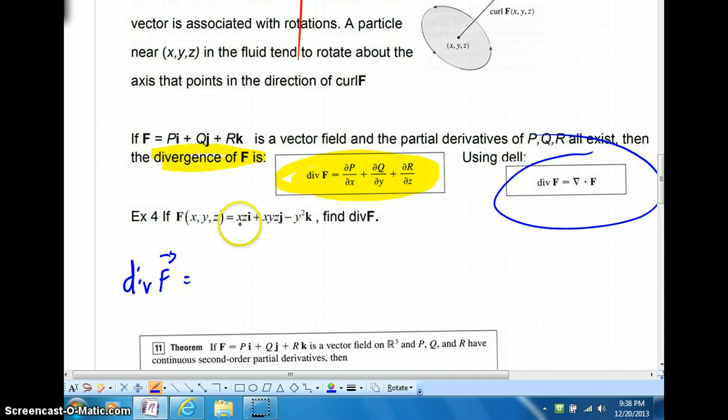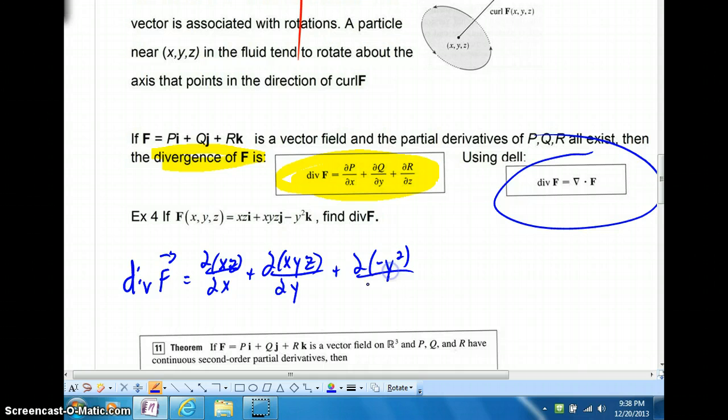We could take our partial derivative of xz with respect to x plus our partial derivative of xyz with respect to y plus our partial derivative of negative y squared with respect to z.